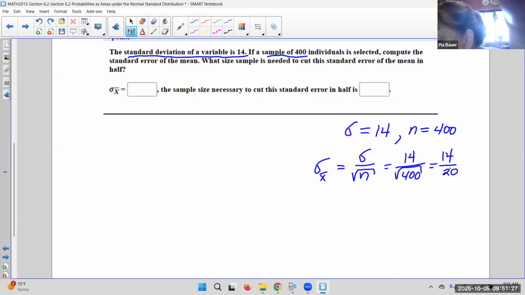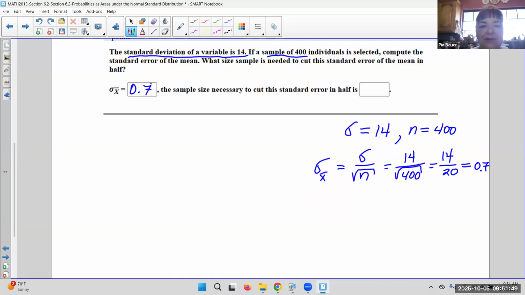So when I divide 14 by 20, I get 0.7. So that will be your first answer here. The standard error of the mean is 0.7.